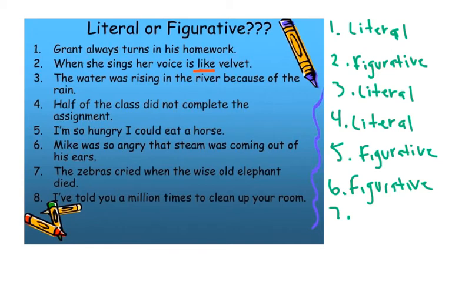Regardless, I think we could label it as literal. Finally, number 8. I've told you a million times to clean up your room. Well, even if you've told somebody a lot of times to clean up their room, you probably didn't do it a million. That word million is probably a little bit of an exaggeration. So we would label this as figurative.